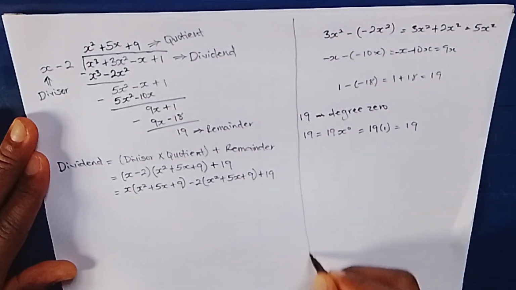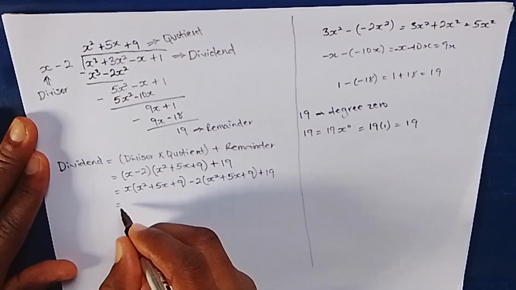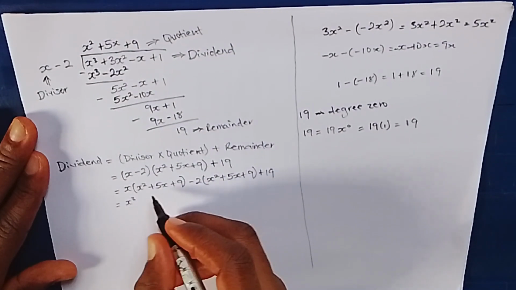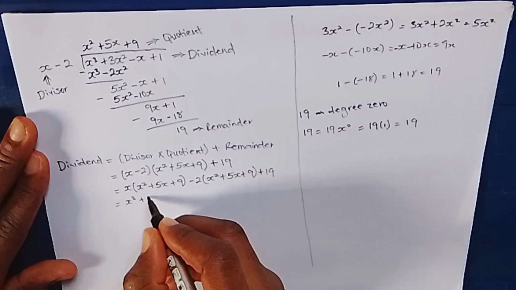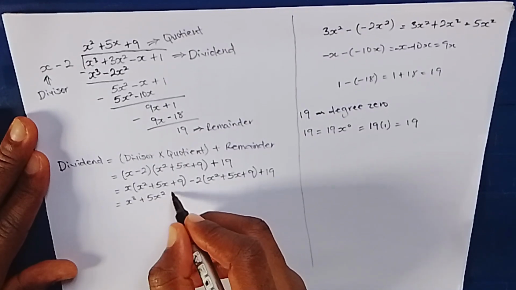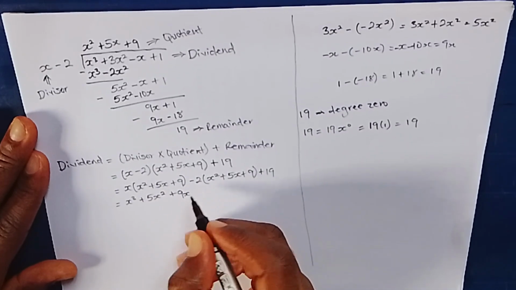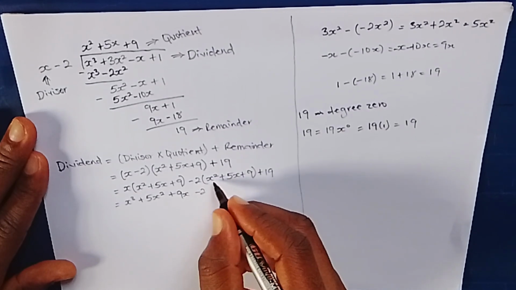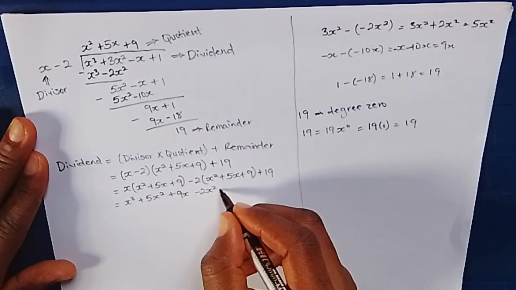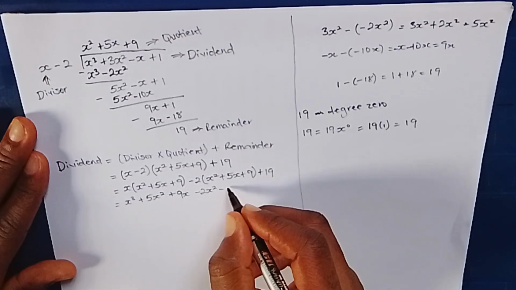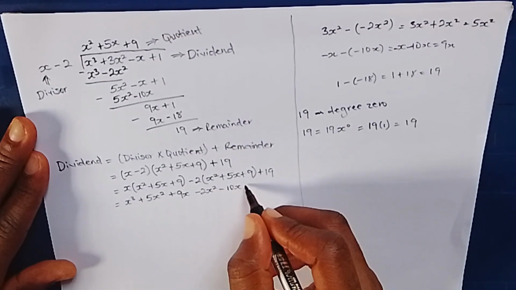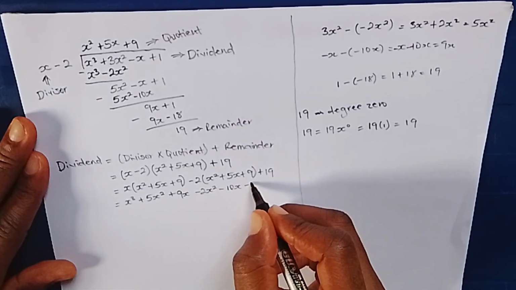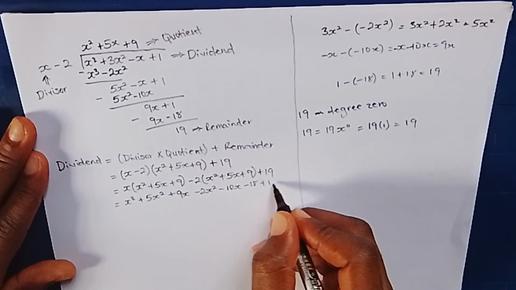Let's separate this guy. We have x cubed, x times 5x, we have plus 5x squared, plus x times 9, 9x. Then we have minus 2 times x squared, you have minus 2x squared, minus 2 times 5x, we have minus 10x, minus 2 times 9, we have minus 18, yes, plus 19.